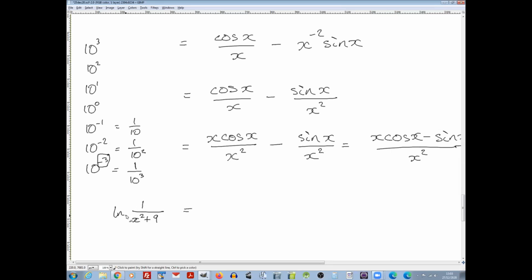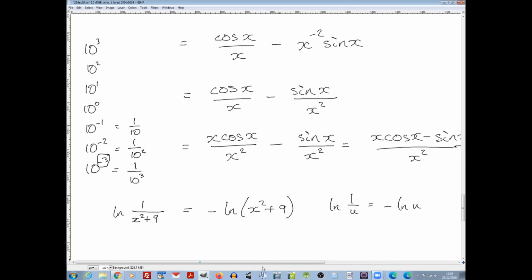Well, it's going to be a negative power, isn't it? So this is the relationship. We could just treat it like this, because log of 1 over anything equals minus log of the thing.